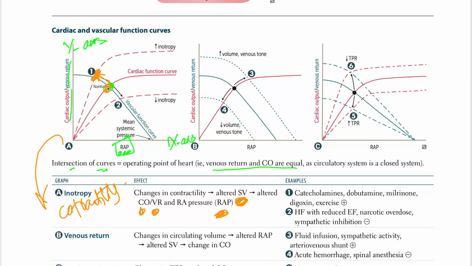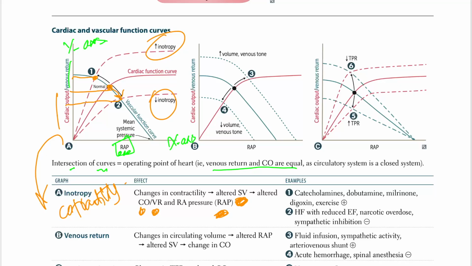This was normal, so you moved from this point to this one. You increase the cardiac output and the venous return just by increasing the inotropy, which is your contractility. On the other hand, if you decrease the contractility, you would decrease the cardiac output and the venous return. Simple thing, right?